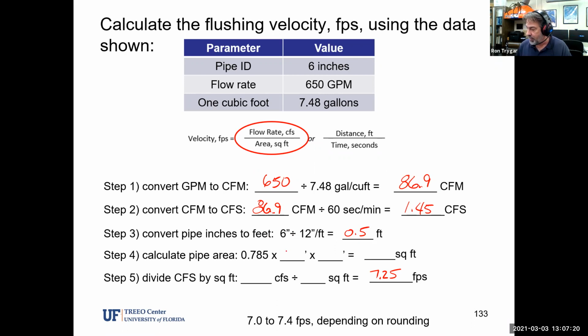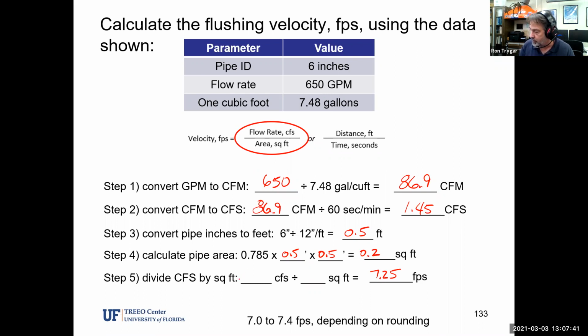I'm plugging the numbers in here. So calculating the pipe area is 0.785 times 0.5 times 0.5. And we said that square footage was 0.20, is the number we used here.